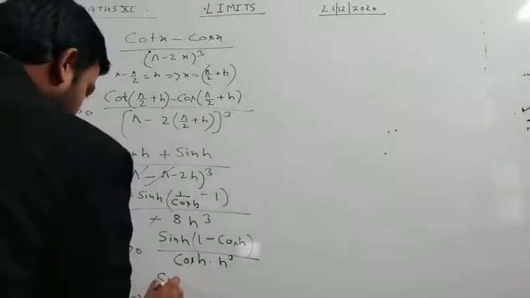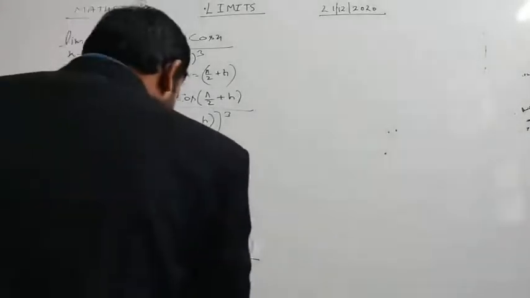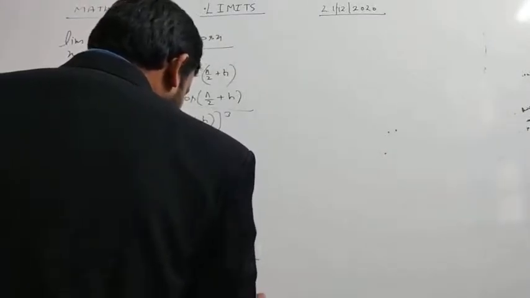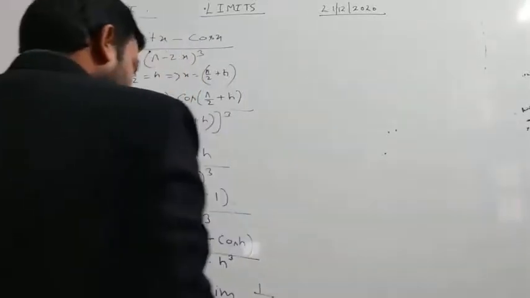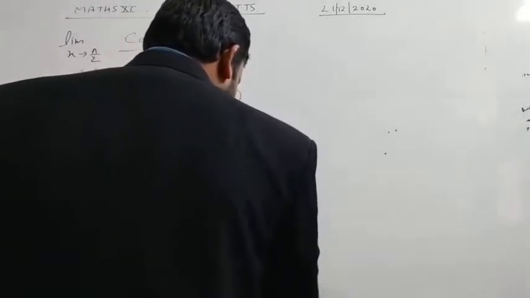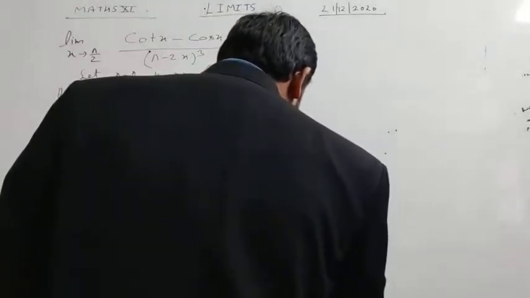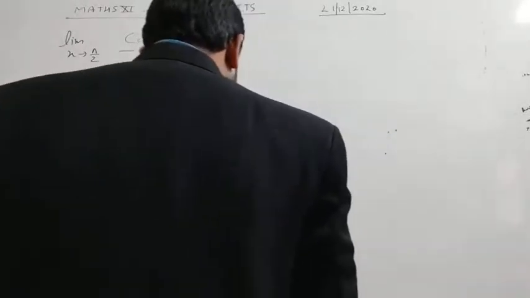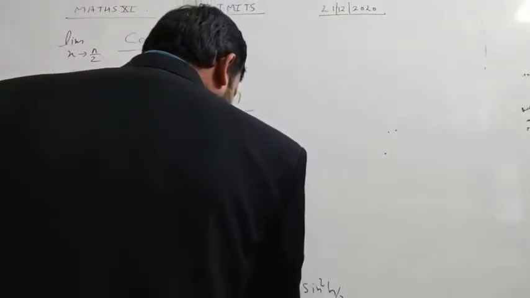This we can write as sin h by h, into limit h tends to 0 of 1 by cos h, and into (1 minus cos h), where 1 minus cos h can be written as 2 sin square h by 2, by h square, with limit h tends to 0.